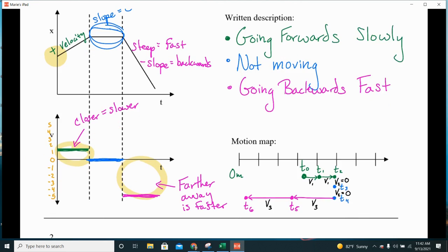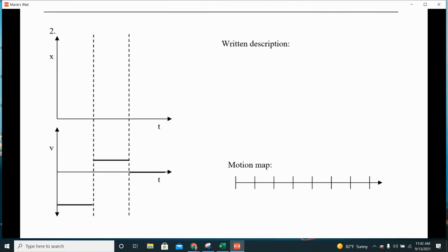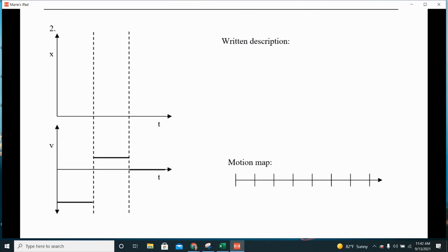Alrighty, cool. Next, we're going to do number 2. All right, number 2 is a little bit harder. And the reason why I say that number 2 is a little bit harder is because here you're given your velocity and then you have to figure everything else out.